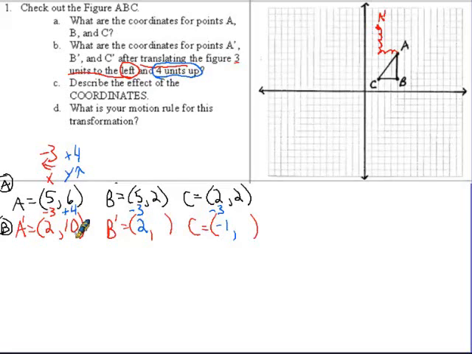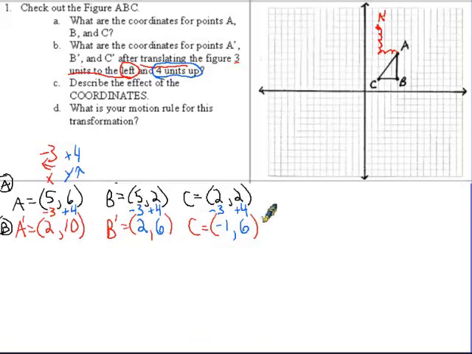So it's just a quick way you can do it, by manipulating the x value and the y value based on how you move it. It saves you some time, so you don't actually have to graph it. So I'm going to add 4 to my y values. 4 plus 2 is 6. 4 plus 2 is 6. So you can see I've answered all of part B without even graphing it.